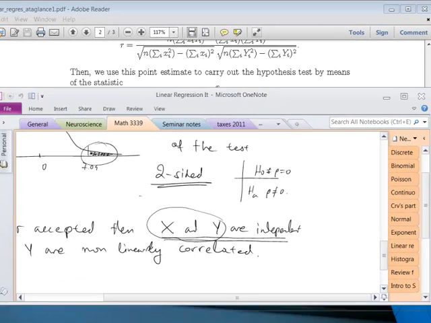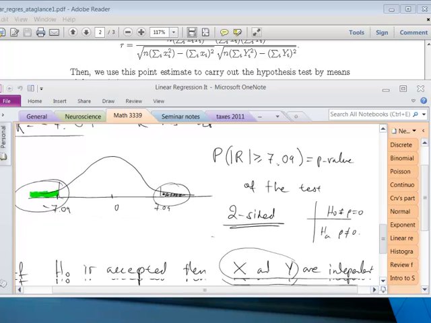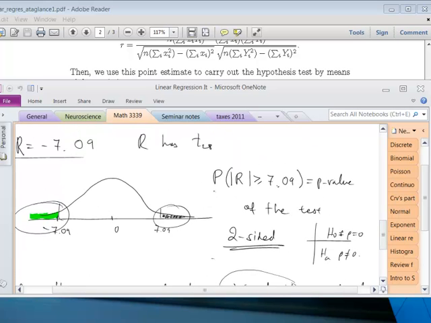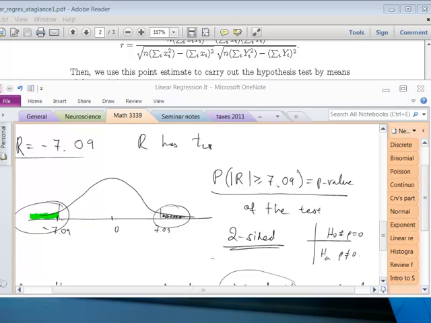I'm going back here to repeat what I mentioned. The p-value is this, and if you see what the p-value is, the way we define the event here is that the absolute value of r is greater than 7.09, which means r is either here or to the right of this point.